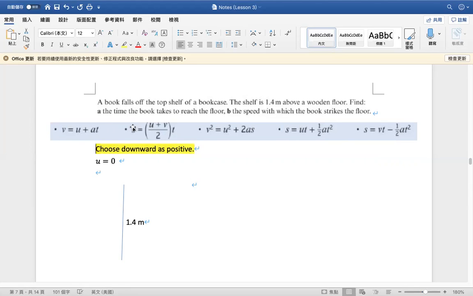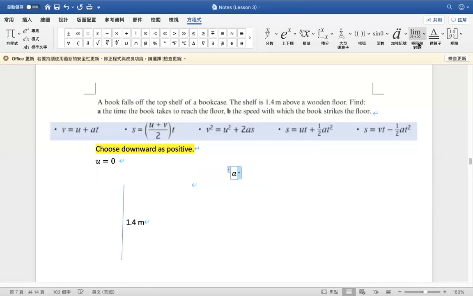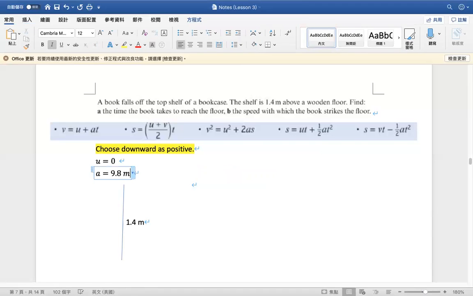All right, then where's a? A here should be, I think, 9.8, as I mentioned, meter per second squared. We also have the displacement, right? So s is 1.4.